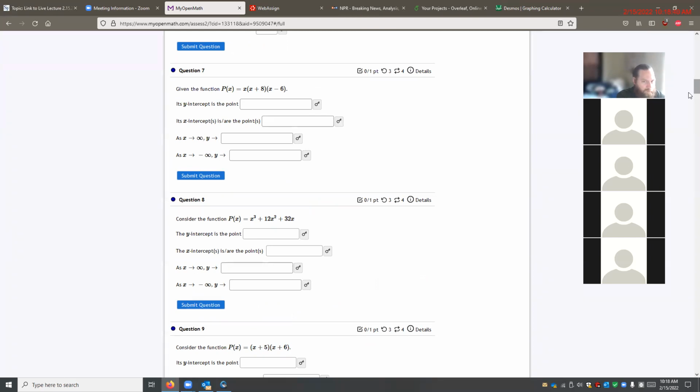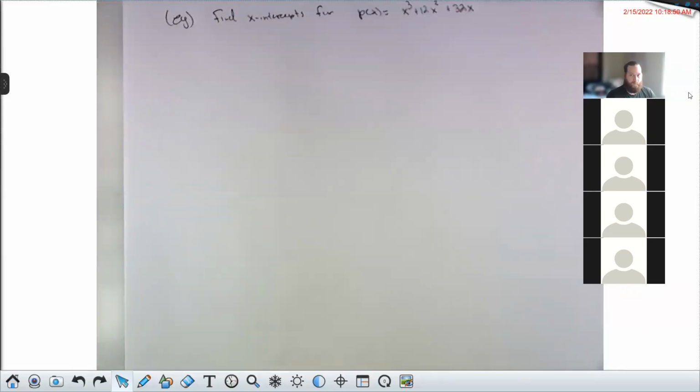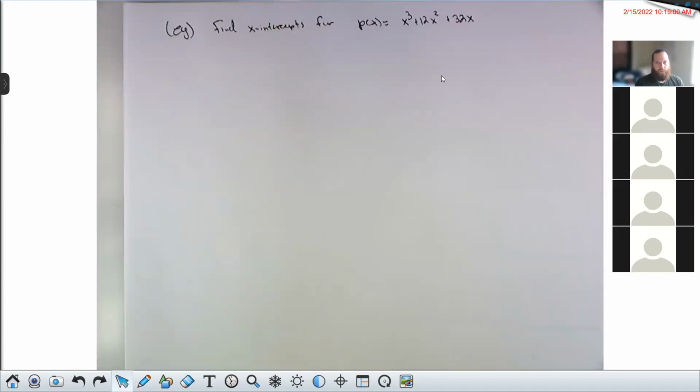X cubed plus 12x squared plus 32x. All right. We'll look at the things you need for the other parts of the problem in a moment, but just to get a bit more practice factoring, they said find the x-intercepts for this guy.